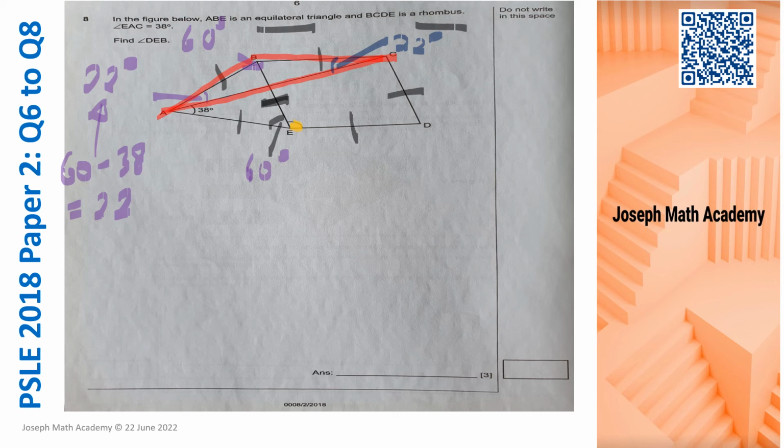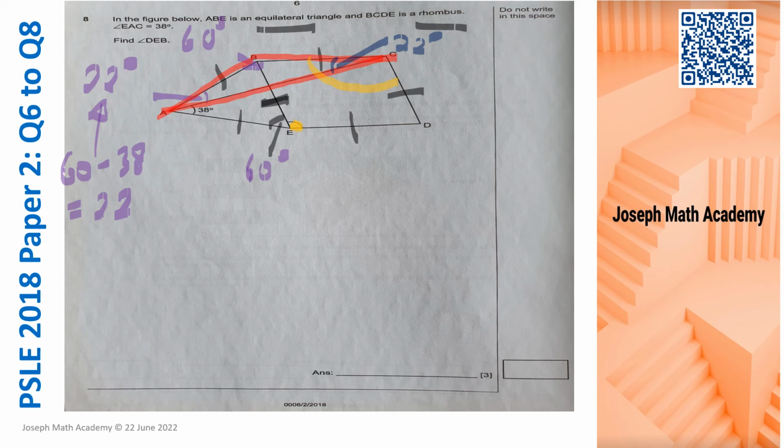Okay, all right, so how to find that angle? Now, once we know this 22 here, we also need to know more angles, especially we need to know this whole thing.